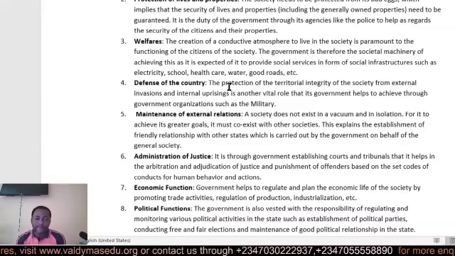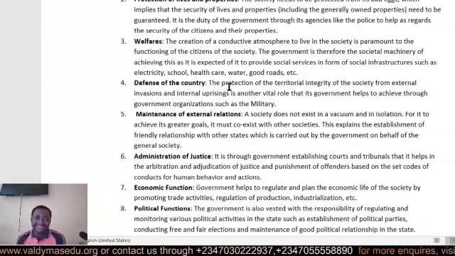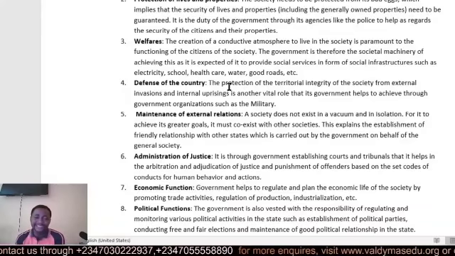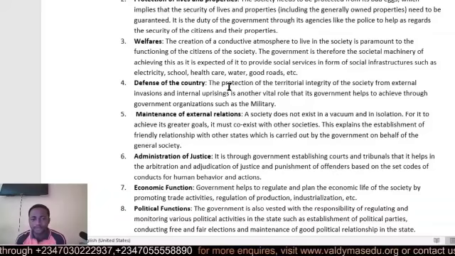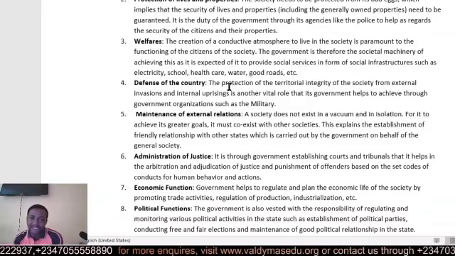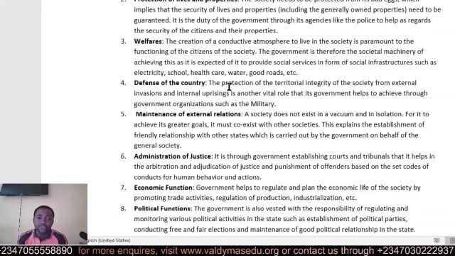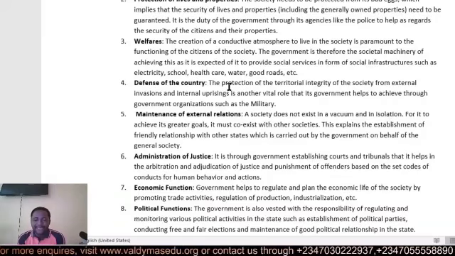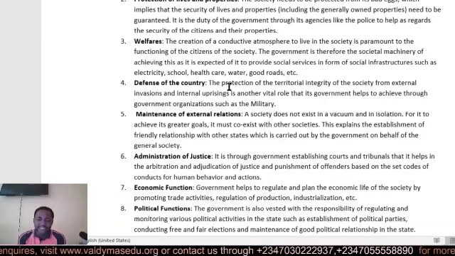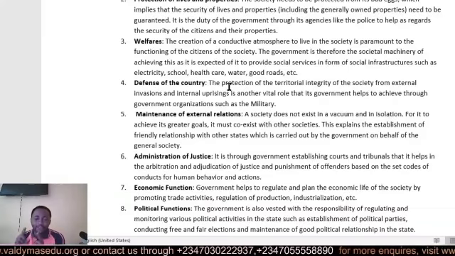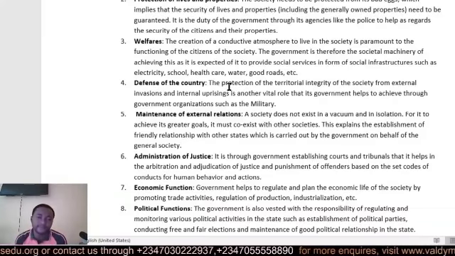Because an entity or an organization cannot exist in isolation, there is a need for relationship. And that is what brings about external relations as a function of government. So it is a need for the society, and therefore a responsibility for the government of the state.